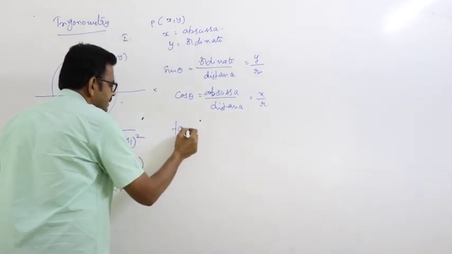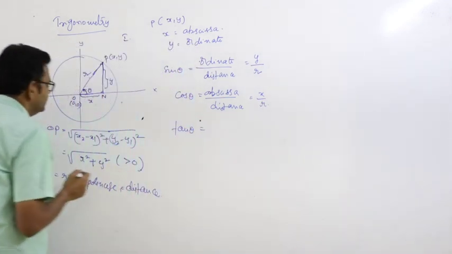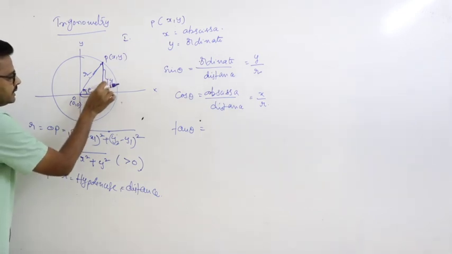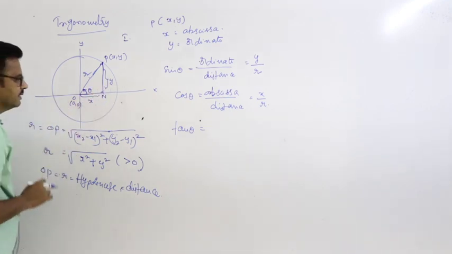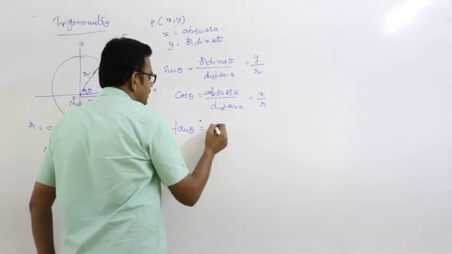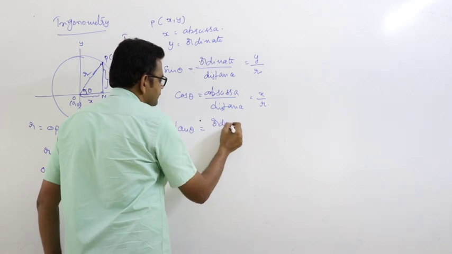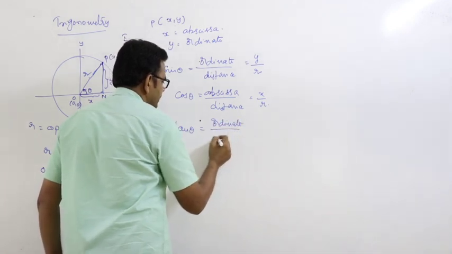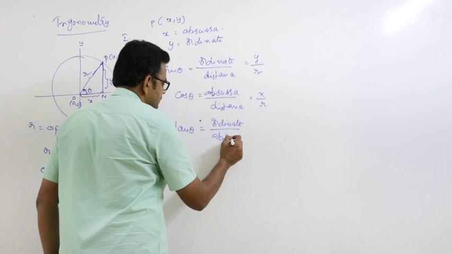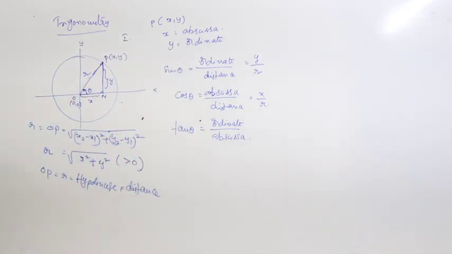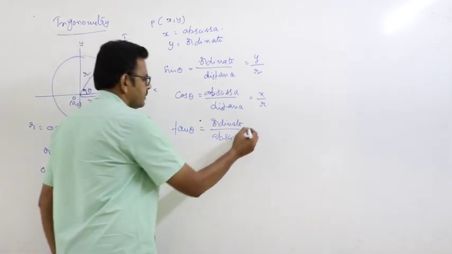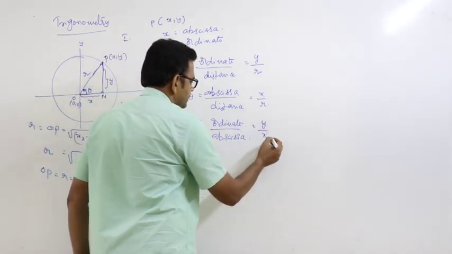And tan theta, according to your language, is opposite side by adjacent side. What I am saying is, this is ordinate by abscissa, that is y by x.